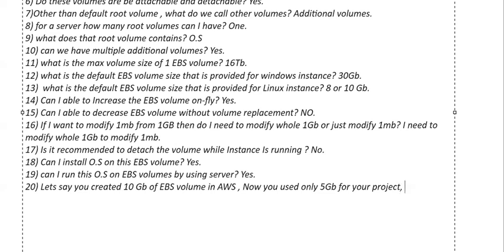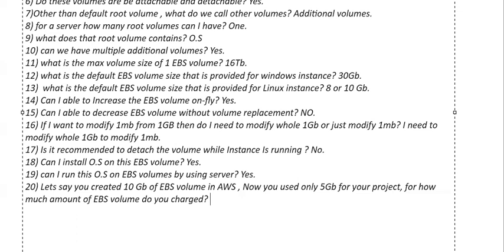Now the question is, for how much amount of EBS volume do you charge? Since AWS provides a pay-as-you-go pricing model, that means for how much you use, for that much only you pay.